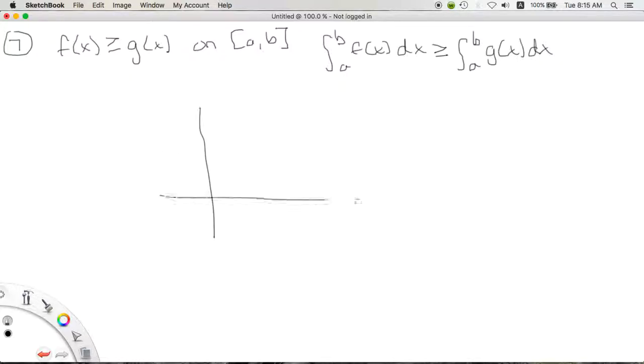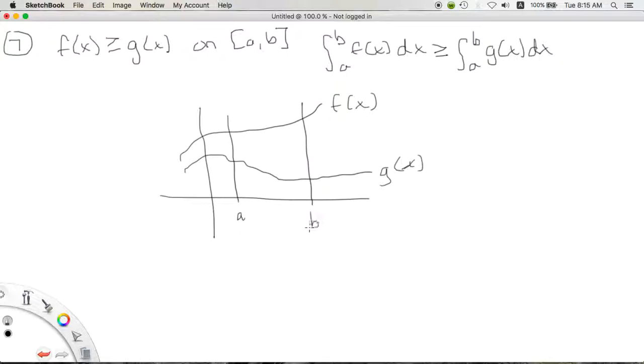So if you have this f of x here and some g of x here, and you're going from a to b, well, because f of x is bigger than g of x, the integral is area under the curve, remember, so that makes sense that the integral is going to be bigger for f of x than it will be for g of x, because g of x is smaller.